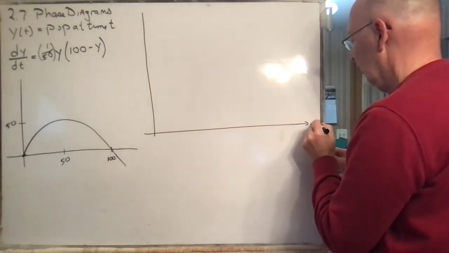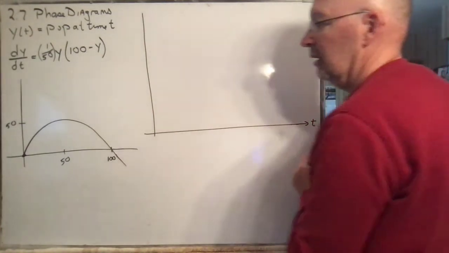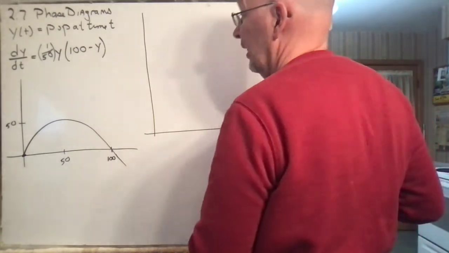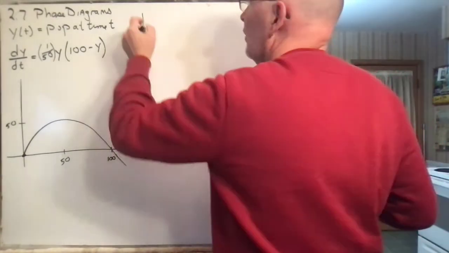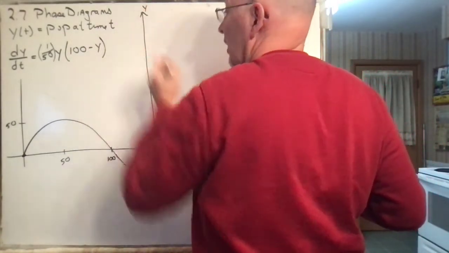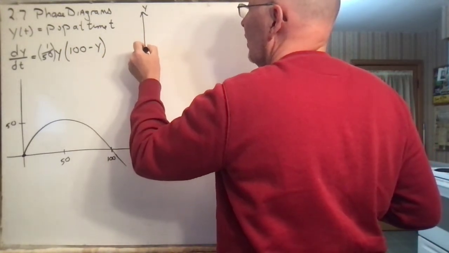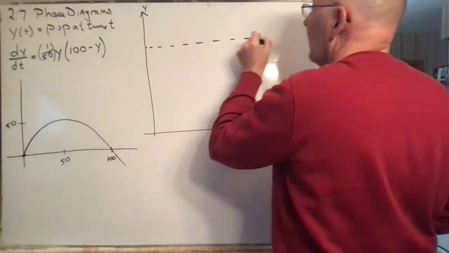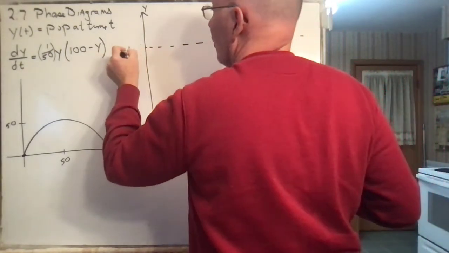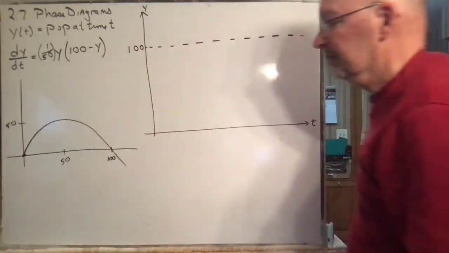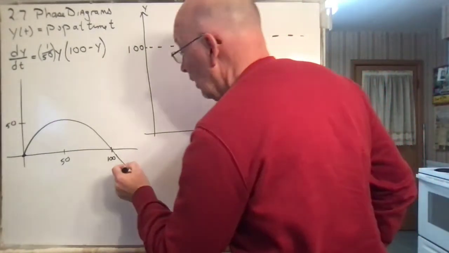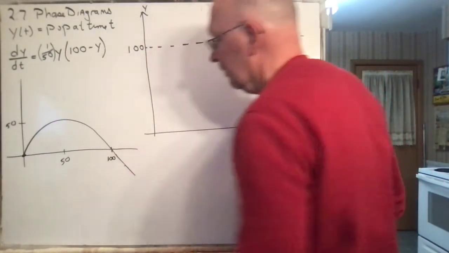Here's your t, and here's your y right there. And since the carrying capacity is 100, let's go ahead and put 100 right there. That's kind of an important point. Let's see what happens.